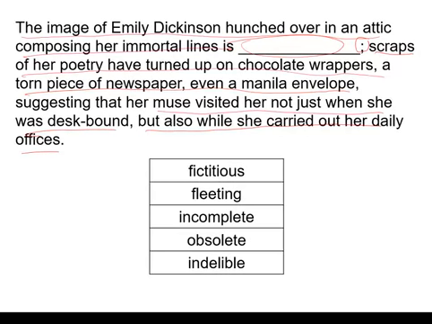We need to infer that Dickinson's desk was in the attic. So the image or idea here is her writing at her desk. But the details in the second clause tell us that this image does not tell the whole story.